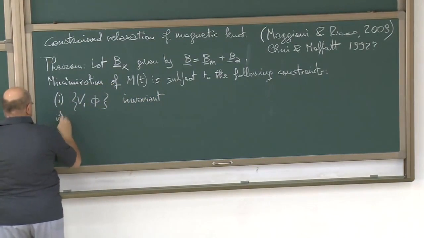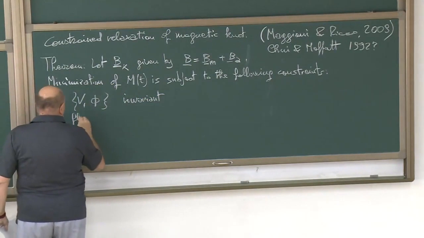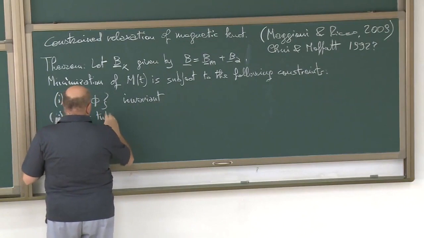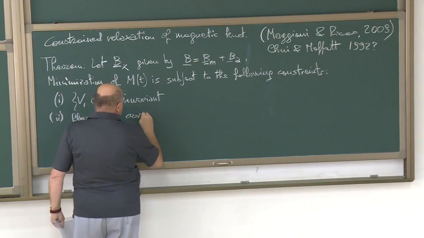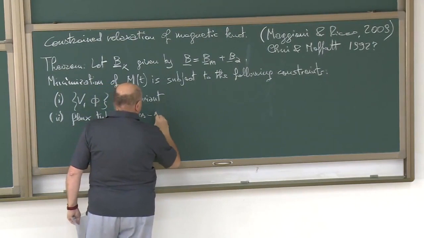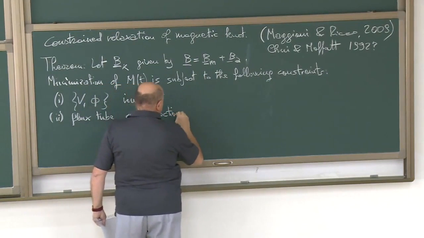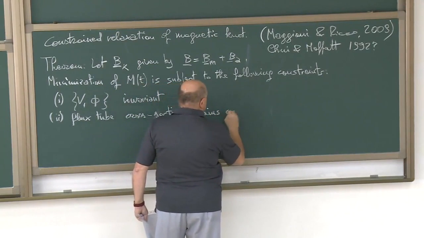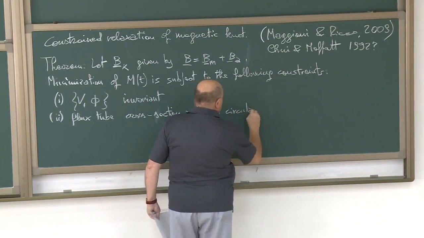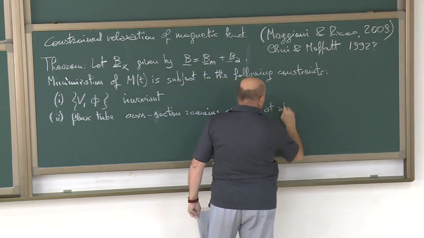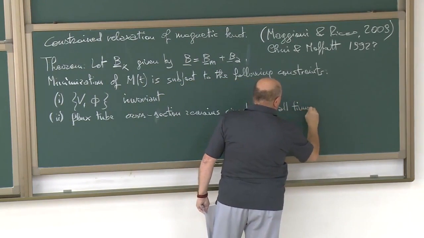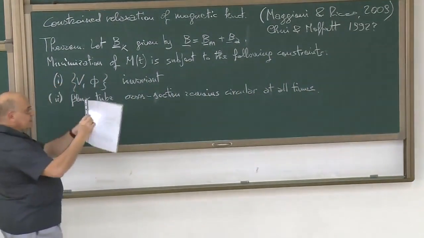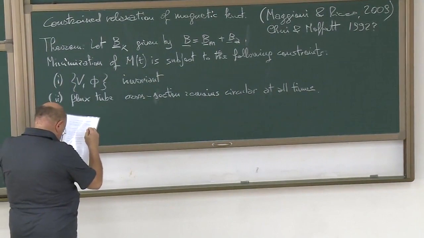The second assumption is that the flux tube cross section remains circular at all times, and in particular at the time when the relaxation comes to an end.